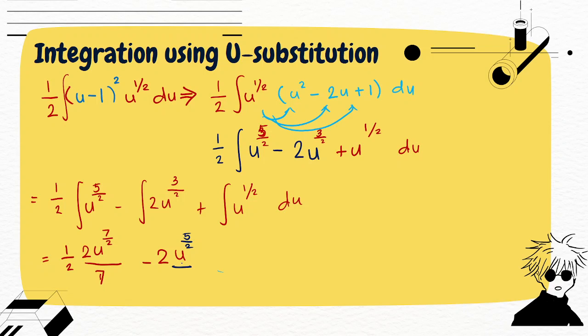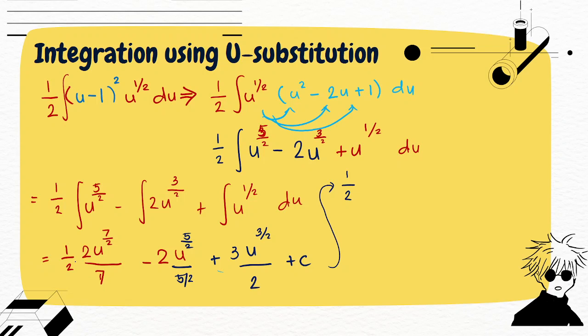Over 5 over 2, 5 na lang para mabilis. So, u raised to 5 over 2, plus. I-multiply yung 5 over 2 sa 2? Oo, mamaya na. So, 1 half times 2 over 7.